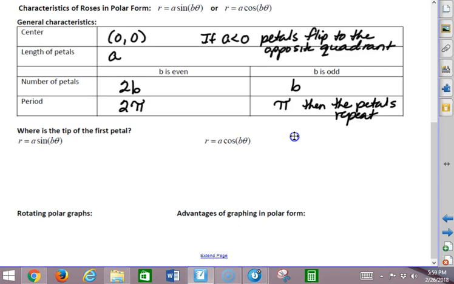And if b is less than 0 for sine, the same thing happens, because it's an odd function. For cosine, nothing happens if b is negative.